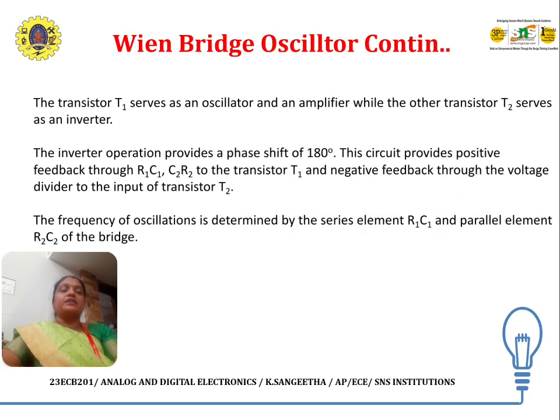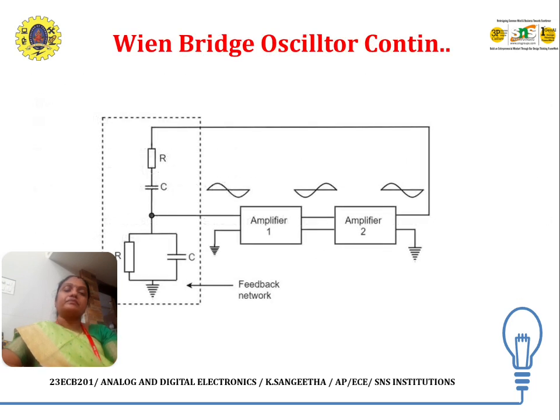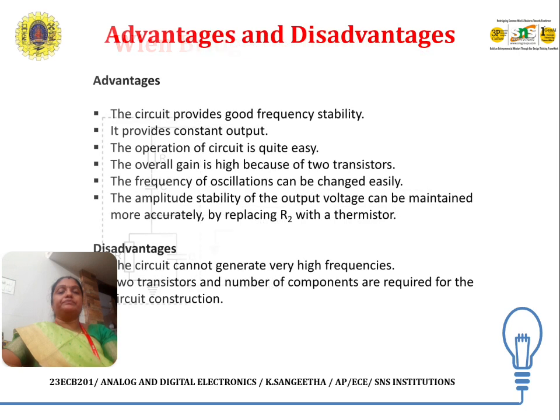So the phase shift is inverted here, and we can get the oscillation at 360 degree. So this is the operation of Wien Bridge Oscillator.